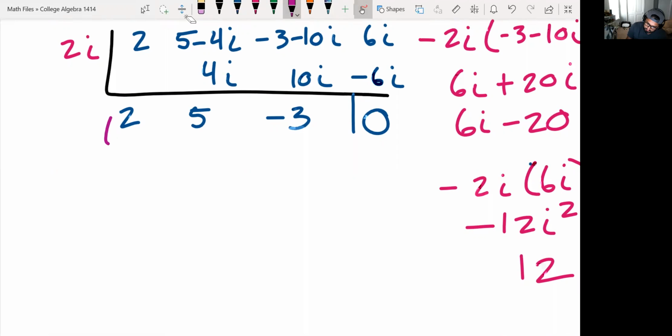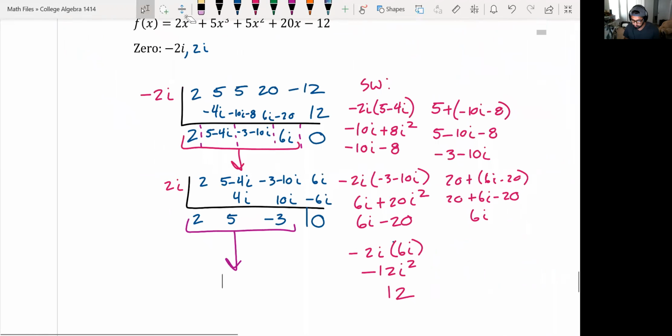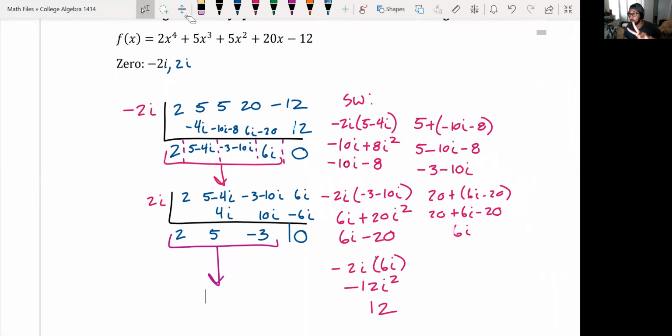So all we have to do is take this quotient and put it back into polynomial form. So we just broke it down twice, which means if the power was x to the 4th, if we broke it down twice, the power is now x squared. So what we have now is 2x squared plus 5x minus 3.